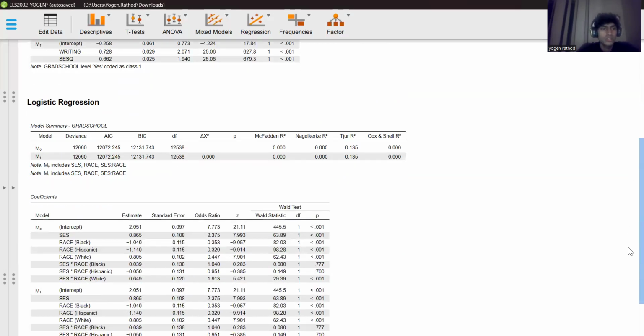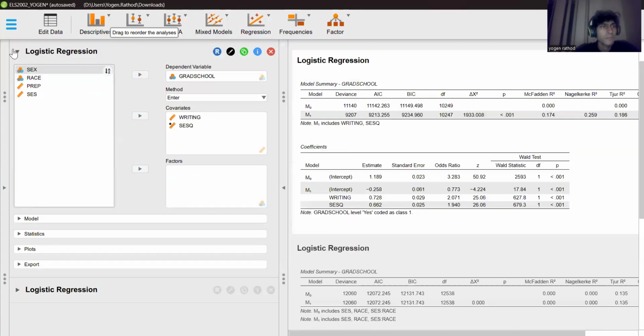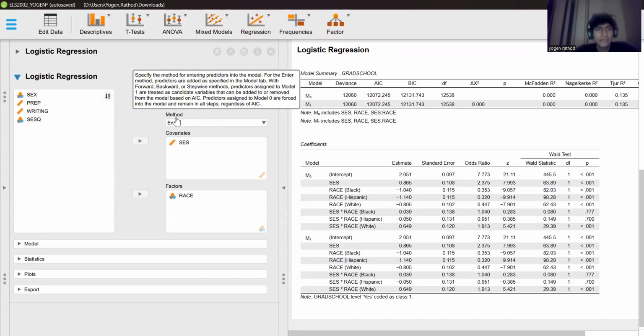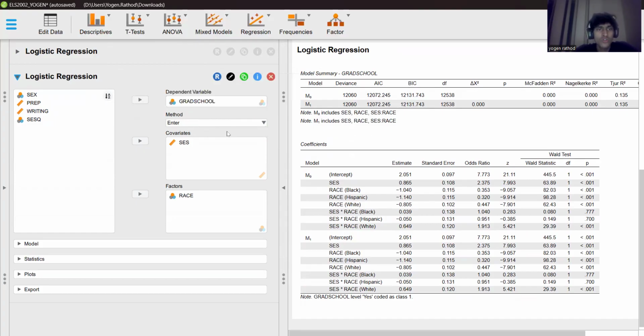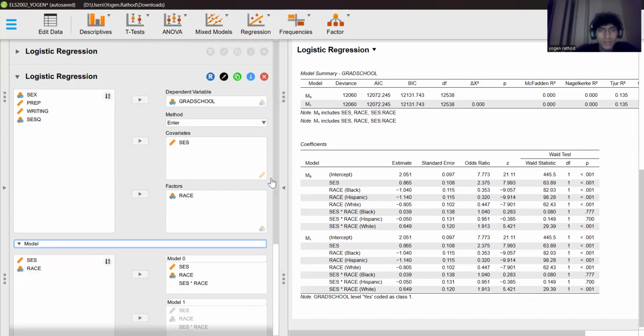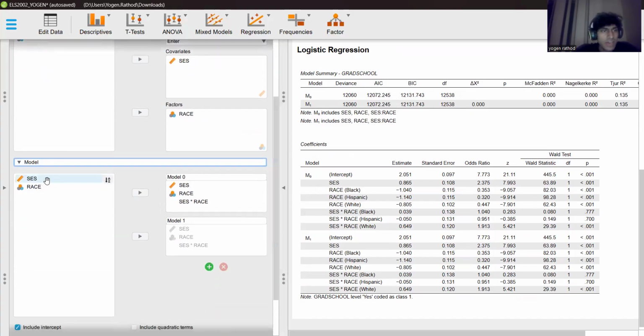Now I will go with question number two. For question number two, we'll also use the logistic regression with the dependent variable as grad school and the method the same, enter. The covariate we have taken as SCS, and the factor we have taken as race.